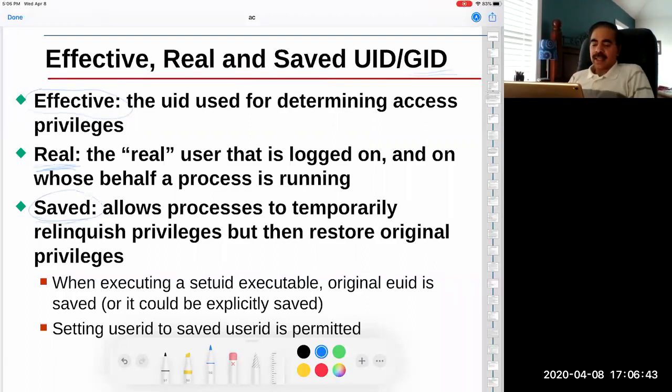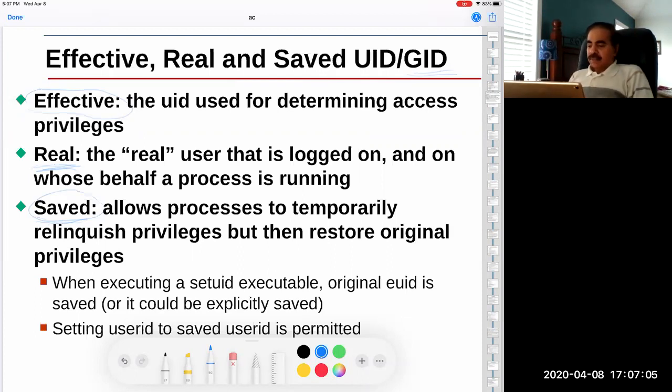What it allows you to do is, if somebody temporarily lowers their privilege from root to non-root, they can go back to assume the root privilege. For that, this saved user ID is used.